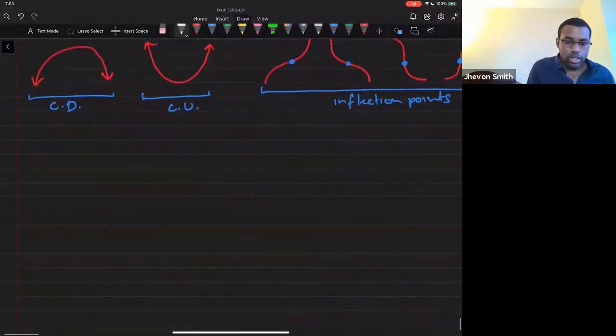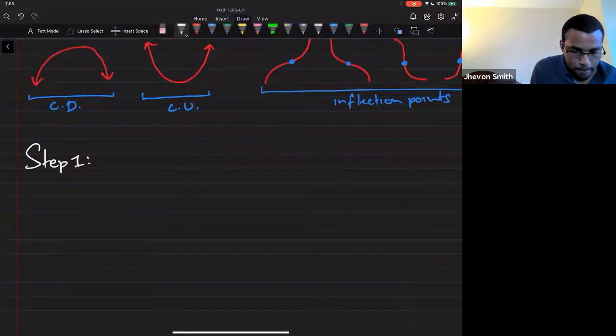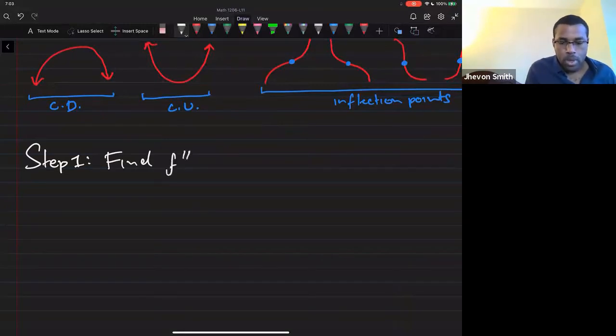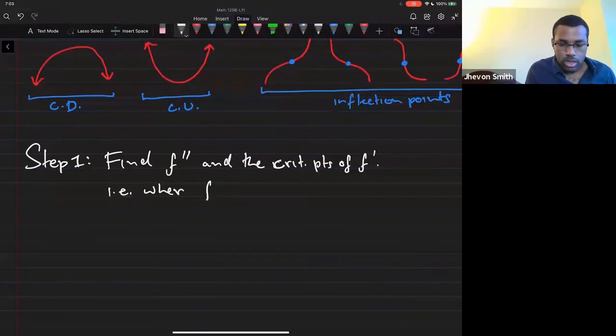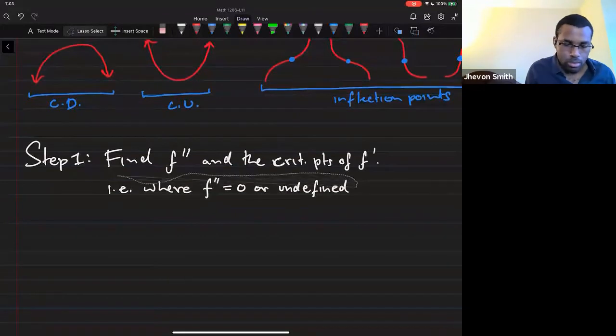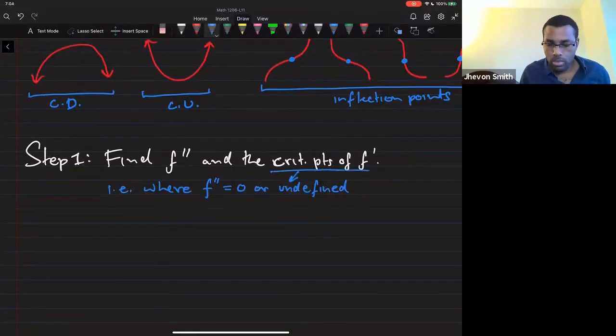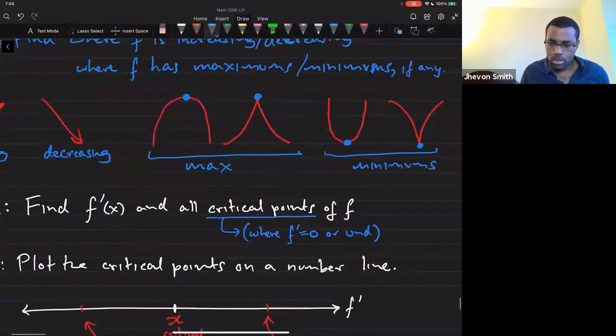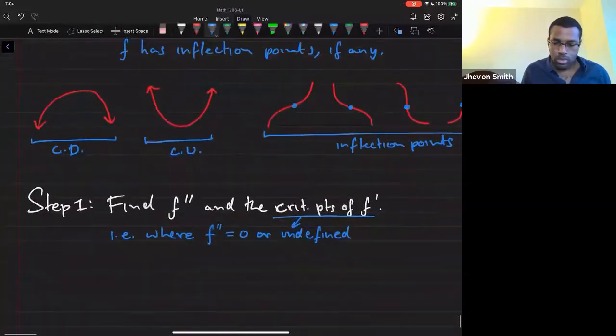Okay, so step 1, you're going to find f double prime, and the critical points of f prime, i.e., where this second derivative equals 0 or is undefined.